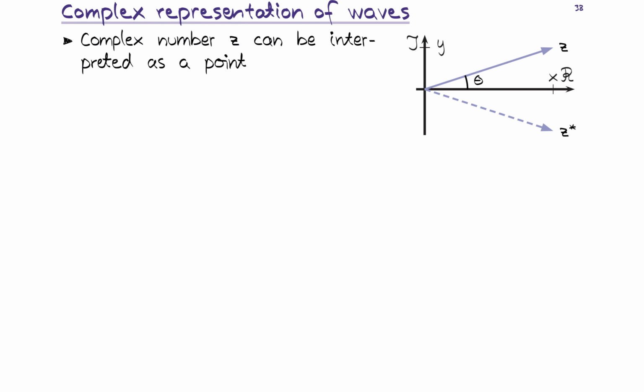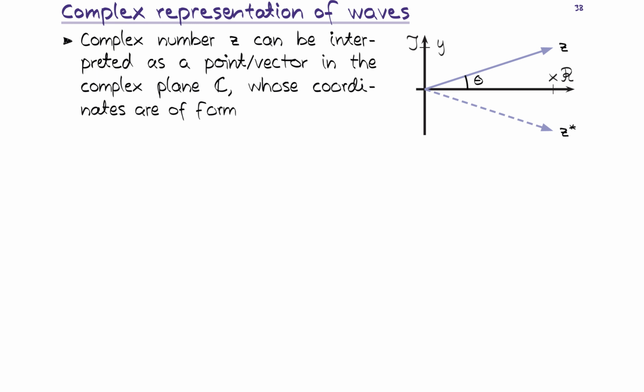Of course, we can think of our number z as a point or vector in the complex plane. The complex plane is often denoted with a cardinal C letter, and it is a 2D plane defined by the real axis and the imaginary axis.